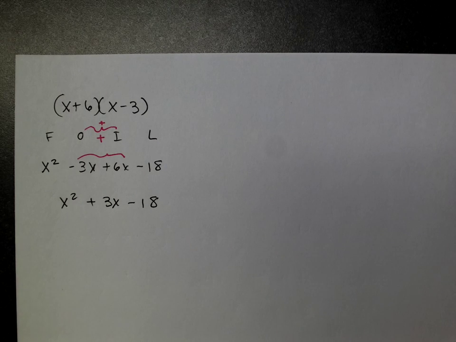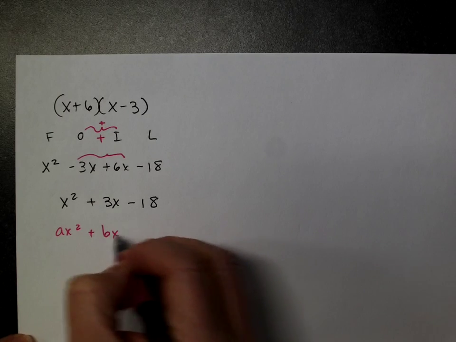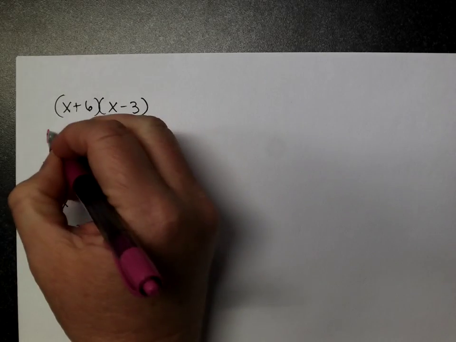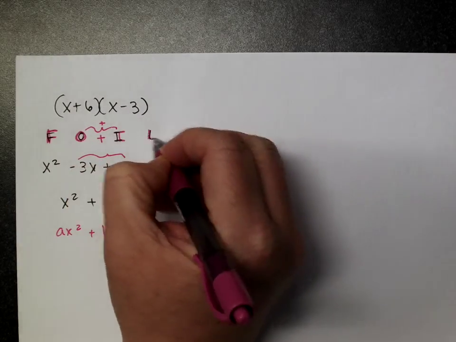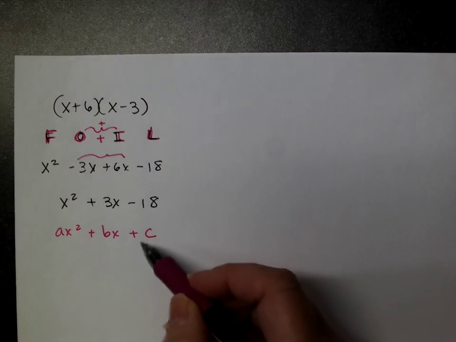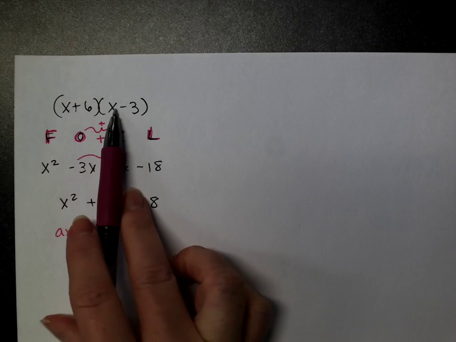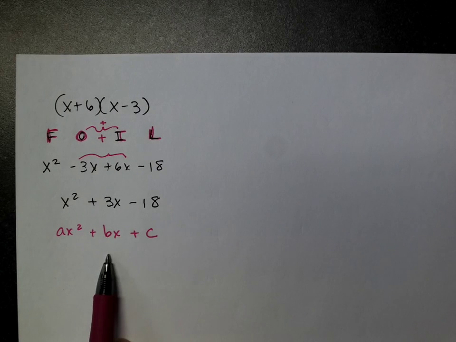And it is now in the form ax squared plus bx plus c. So FOIL on 4 terms, when we multiply 2 binomials, becomes our quadratic trinomial if we've got just x terms first and constant terms second. We will always end up with this quadratic trinomial.